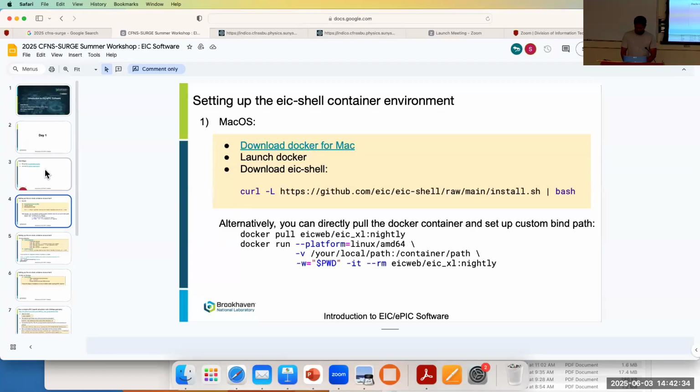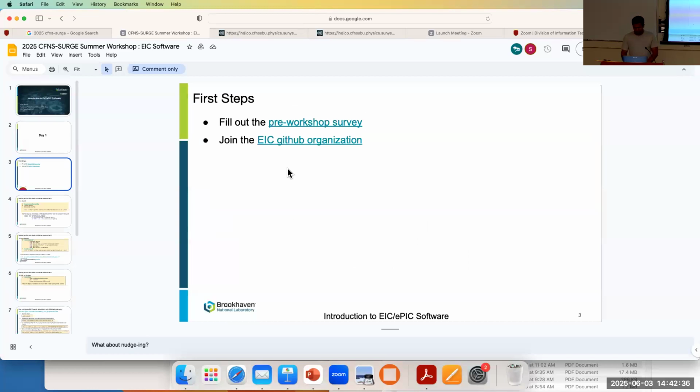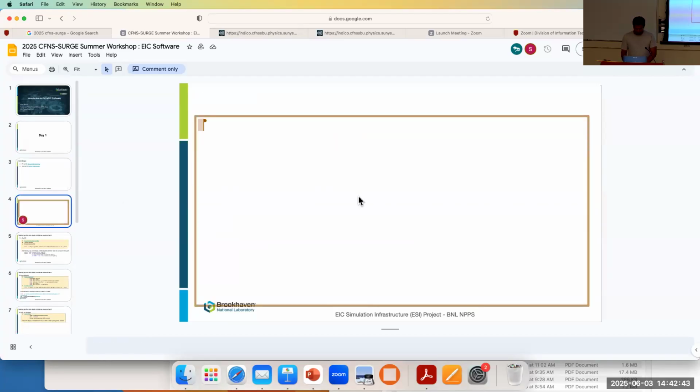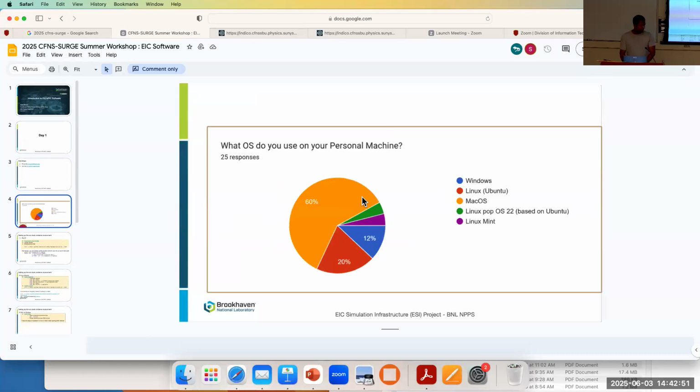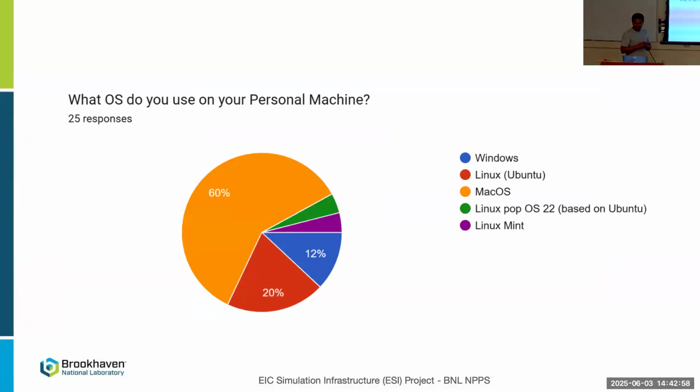All right. So I asked a few different questions on the survey. The first thing was how many people used different kinds of OS on their personal machine, and a lot of Macs.